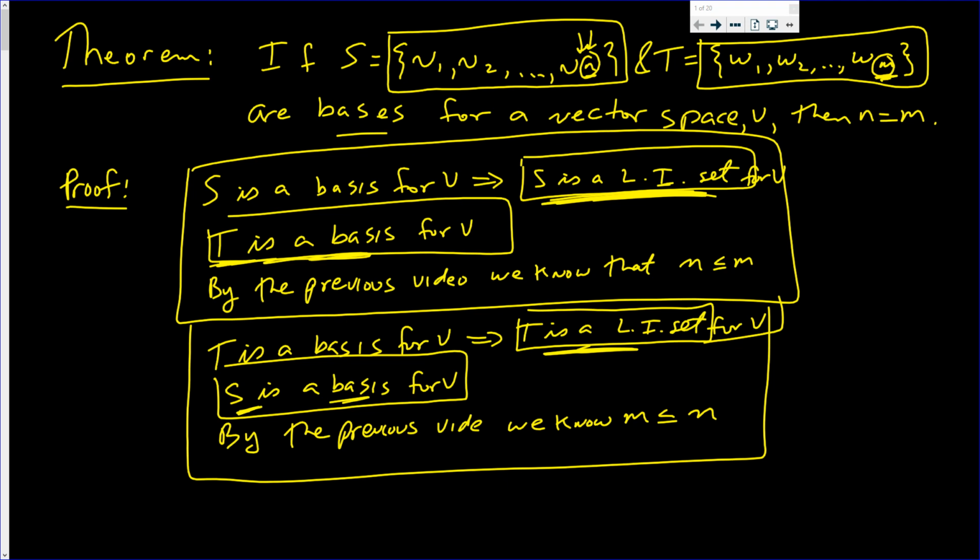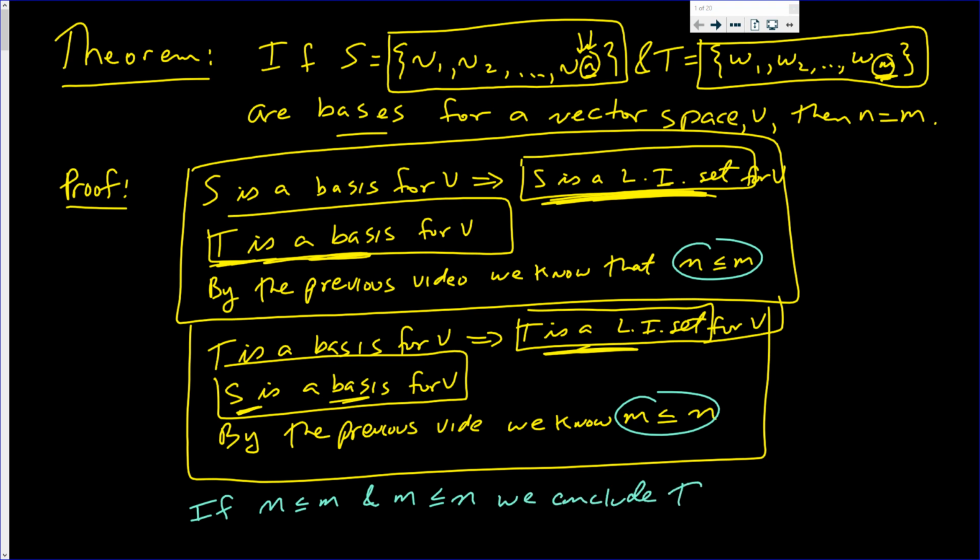Now, if n is less than or equal to m and m is less than or equal to n, then we must conclude that n equals m. If n is less than or equal to m and m is less than or equal to n, we conclude that the only way that can happen is if n equals m.